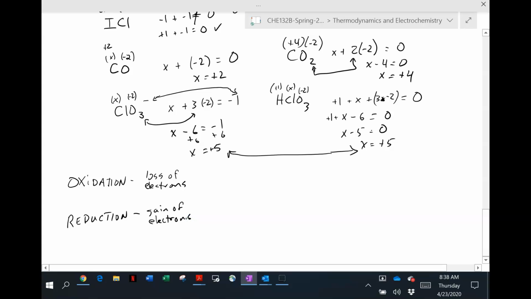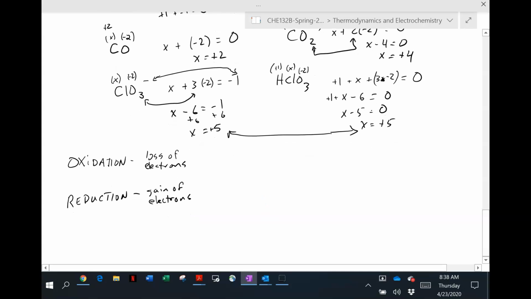And folks say OIL RIG: oxidation is loss, reduction is gain. They also say LEO goes GER: loss of electrons is oxidation, gain of electrons is reduction. So there's a couple of ways to remember that.